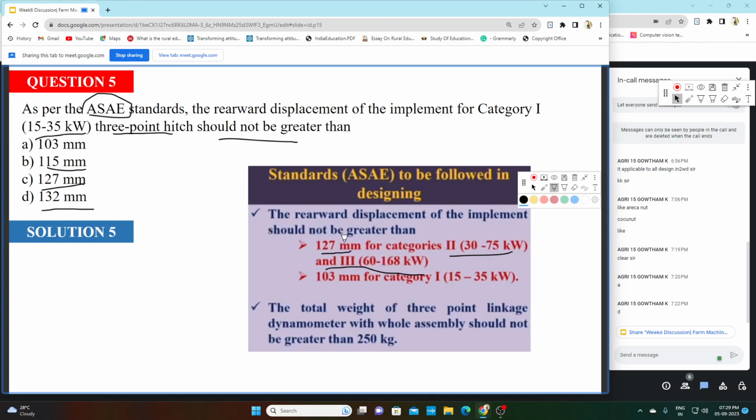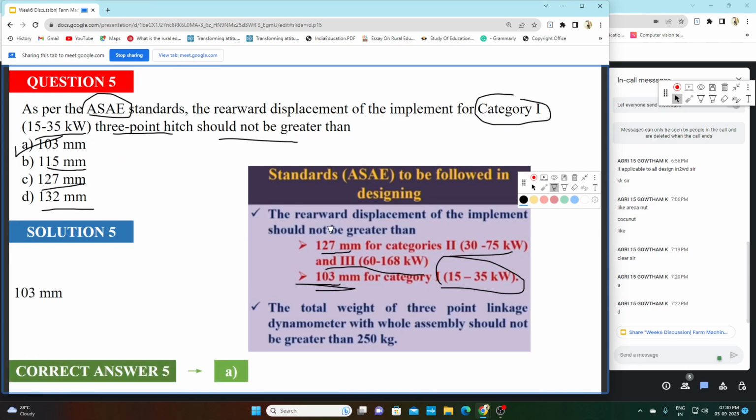So for that, your rearward displacement should not be greater than 127 millimeter. But for a category 1 tractor, or 15 to 35 kilowatt tractor, our rearward displacement should not be greater than 103 millimeter. So option A is your correct answer.